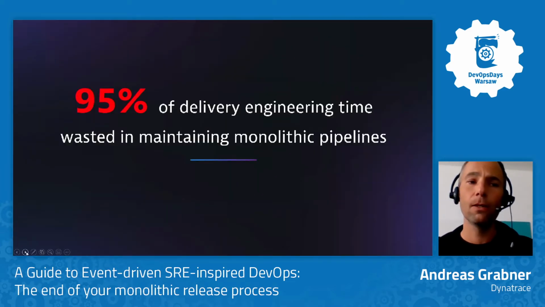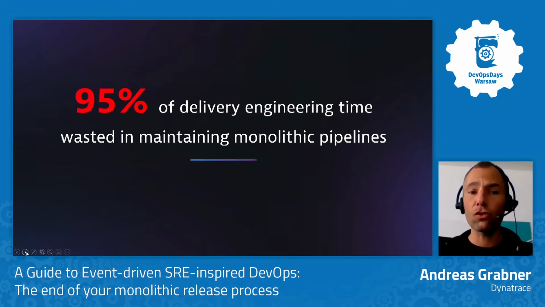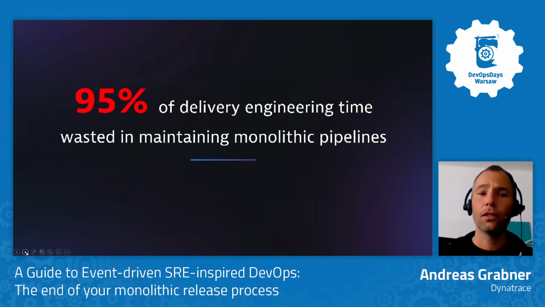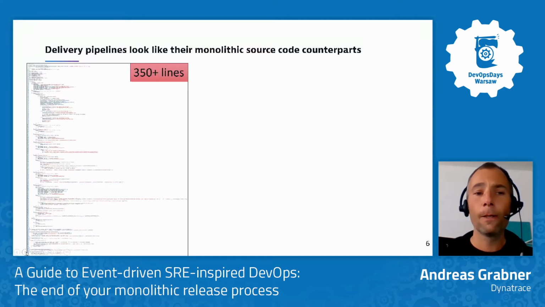The first thing is, as I was asked in the beginning, what is this strange thing when I talk about monolithic pipelines? What we see is people are wasting a lot of time making sure their existing monolithic pipelines work in their new environment. So what does this mean? This pipeline here is a screenshot of one of our Jenkins pipelines we have internally. Whether you like Jenkins or any other tool is up to you.